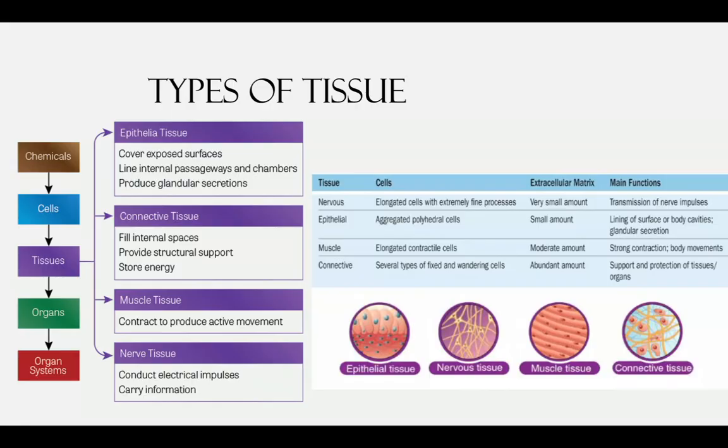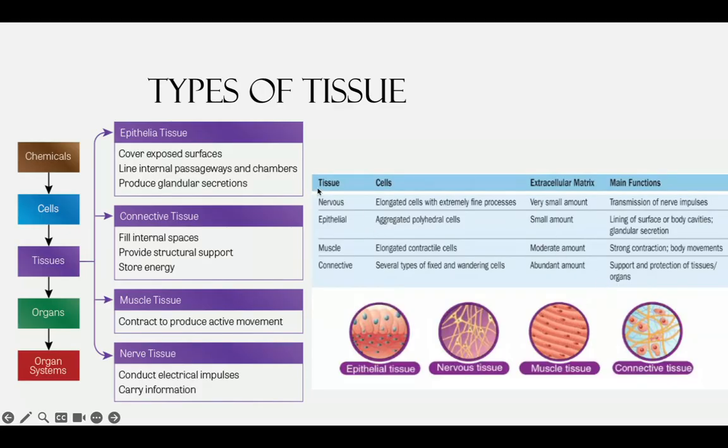So again, we'll talk more about the nervous tissue when we get into the nervous system unit. We will introduce it a little bit though later on. But main function, conducting electrical impulses, right? And then also, we have that transmission, right? So it picks up signals, processes the signals, and then transmits said signals, okay? So it does carry a lot of information throughout the body.